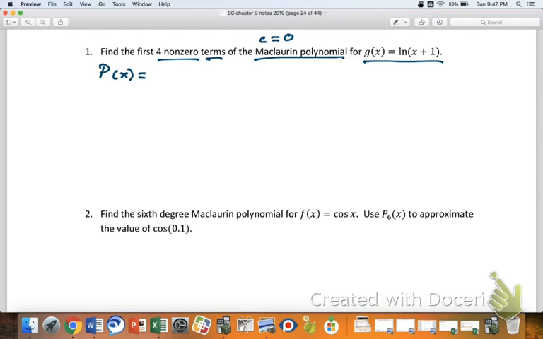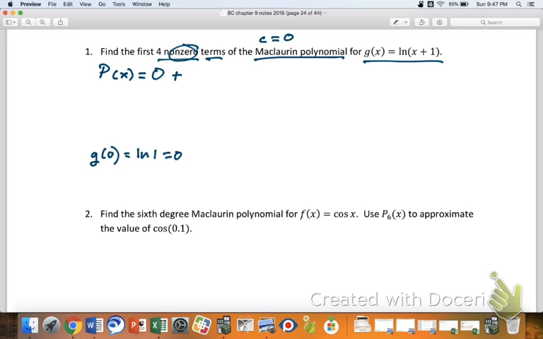You can write stuff off to the side if you want; I'm sure a lot of these you can just do in your head. But g of 0 is going to be ln of 1, which is just 0. So technically that first term is a 0. Kind of a sticking point here because it says the first 4 non-zero terms. We did some good work there, but that was not a non-zero term, so we've got to keep going. So I'm going to put 0 plus.